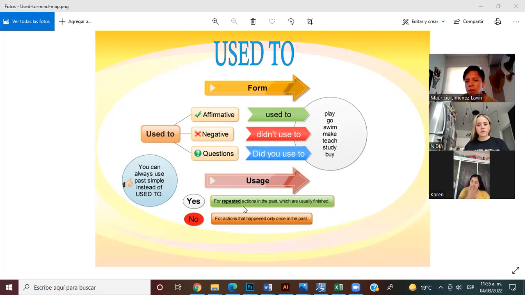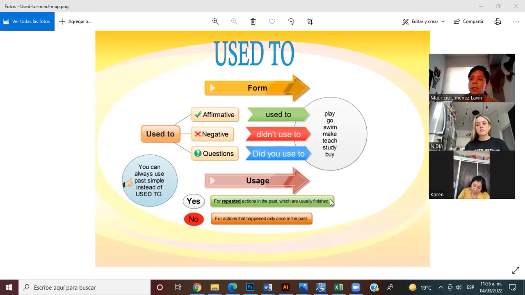It's okay to use simple past, but don't forget that we need to have the structure that we just explained.